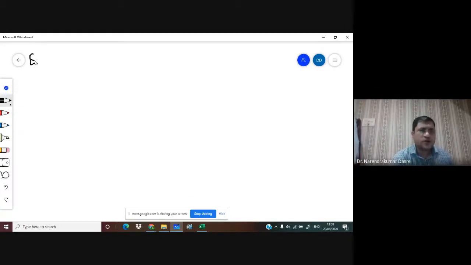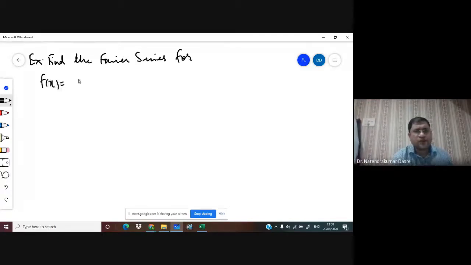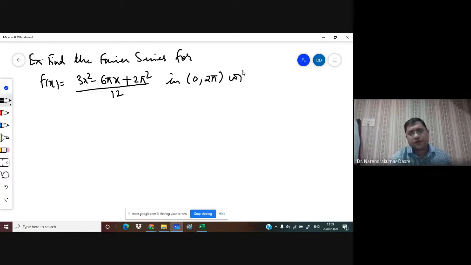So let's go for the example. Find the Fourier series for f of x is equal to (3x square minus 6 pi x plus 2 pi square) by 12 in 0 to 2 pi with period 2 pi.